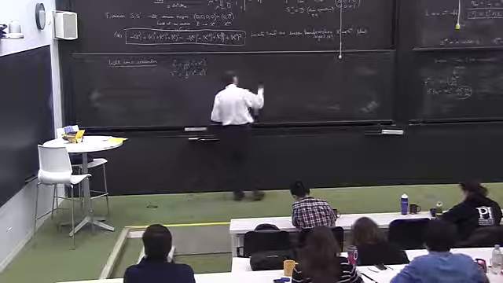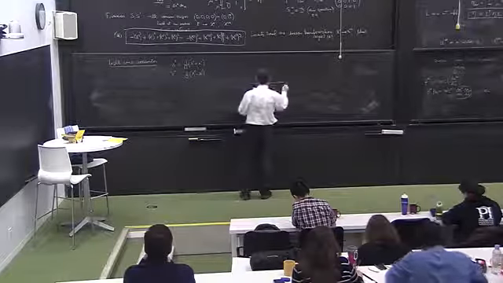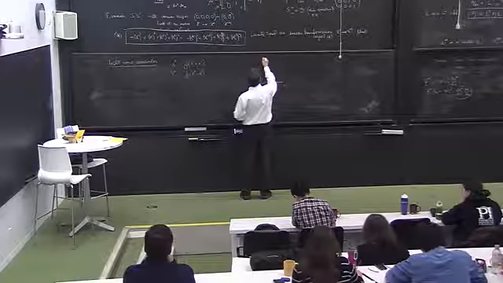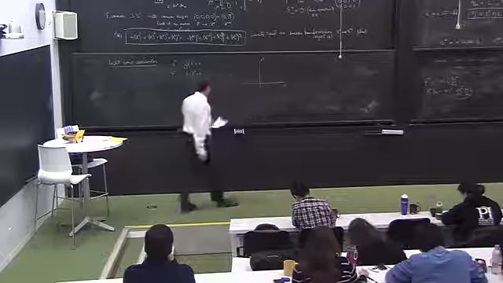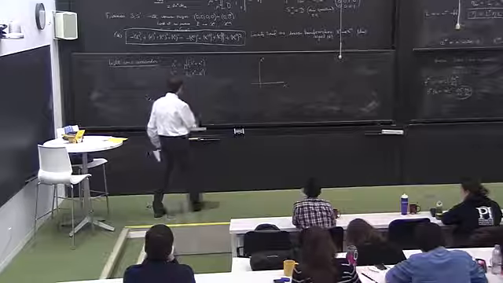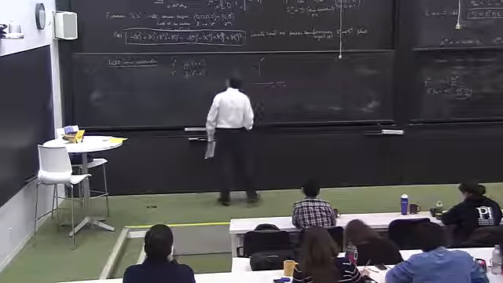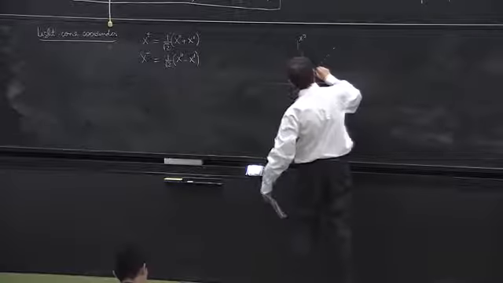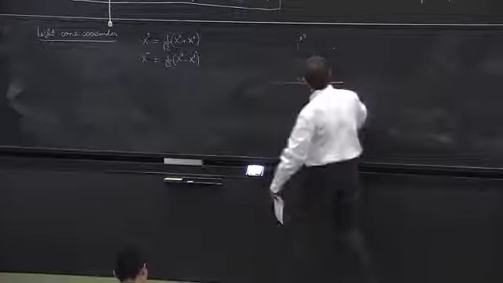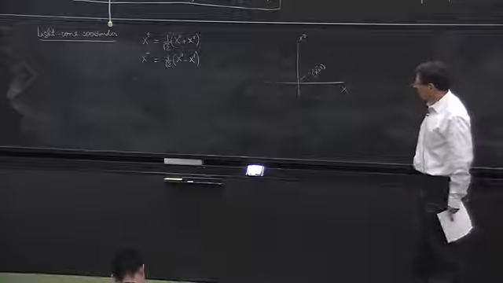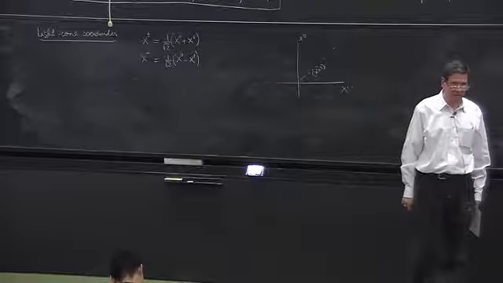Now, if you have here x1 and x0, look at this point. The points at 45 degrees are the points on which x minus is equal to 0, because x0 is equal to x1.